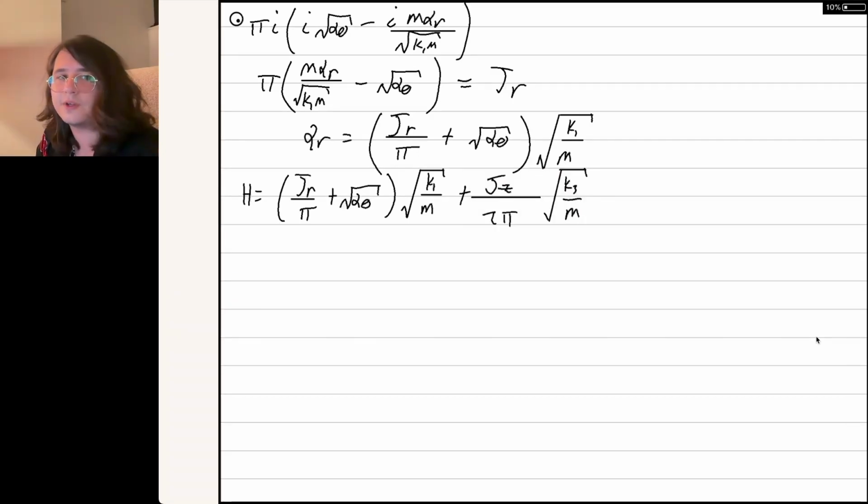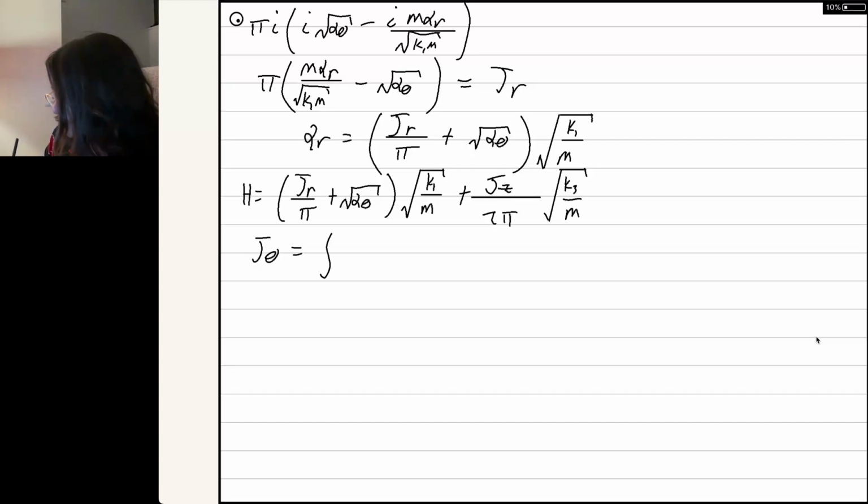Cool. Now we have to solve for j theta. We don't even have the action in terms of theta yet, which is j theta equals the integral of p theta d theta. But p theta is just a constant. It's alpha theta d theta. So that means this is just going to be 2 pi alpha theta.